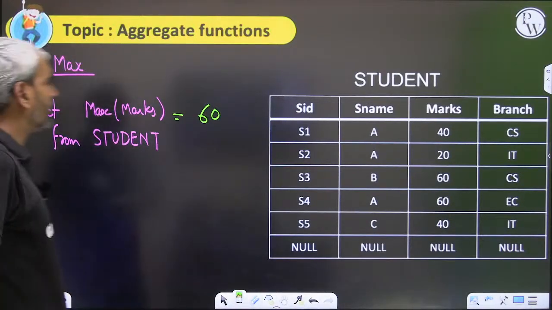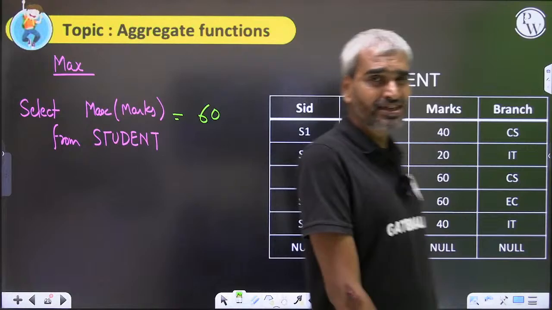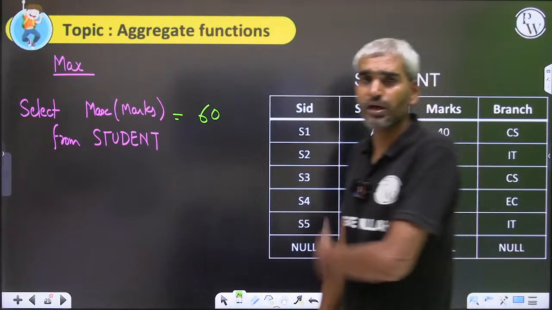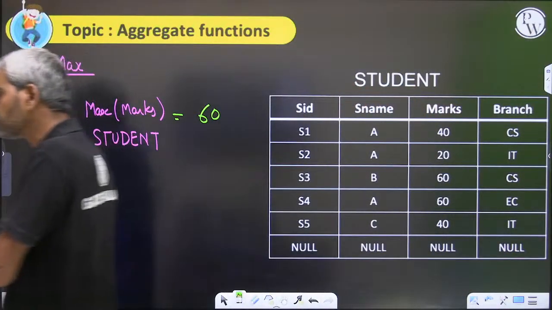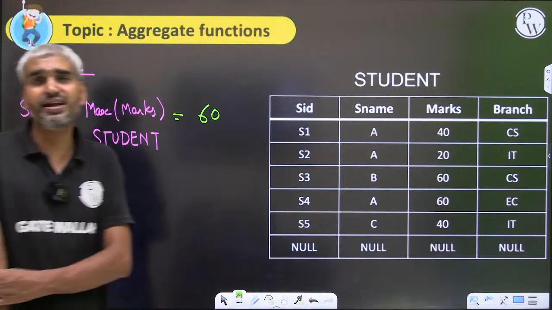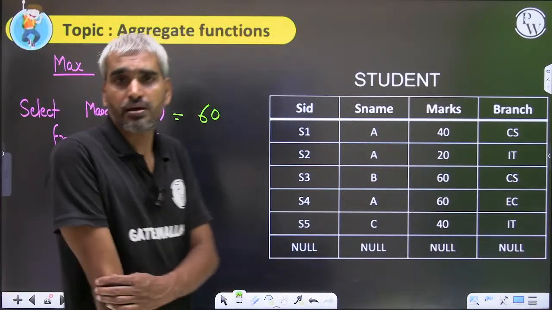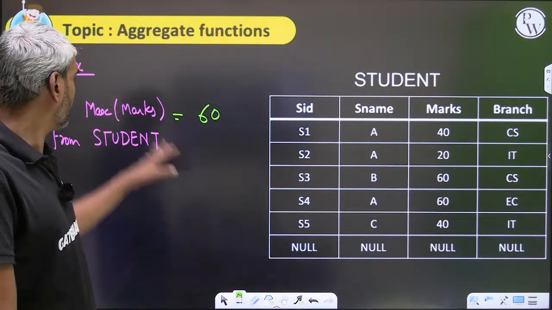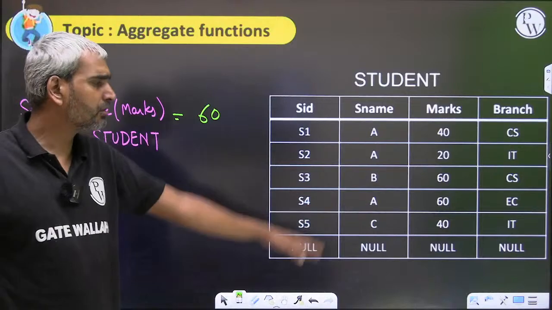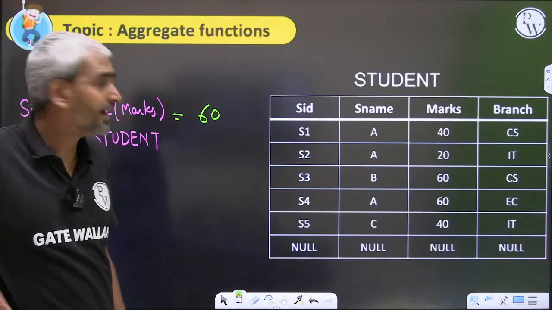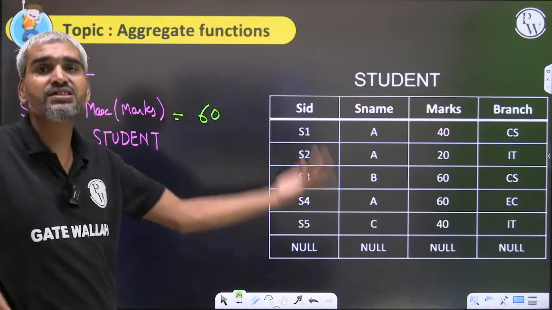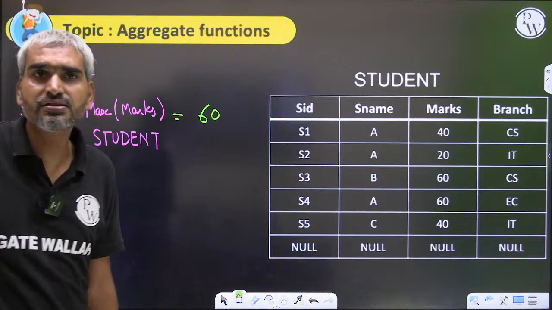Now please try to understand. If you calculate the maximum of all the marks, or the maximum of distinct marks, it will be the same. So there is no point in defining distinct marks. There will be no difference.